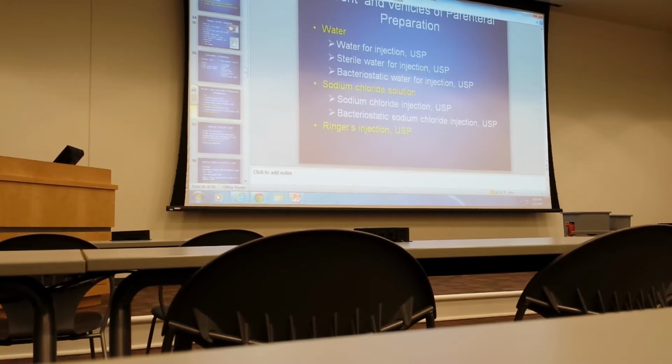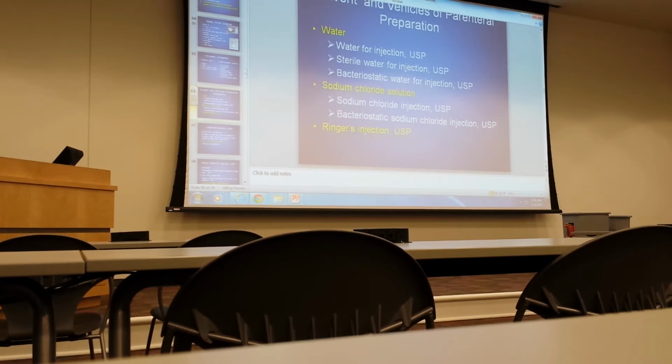So which type of vehicle can be given directly to the patient as a blood volume expander or used to flush the infusion line, and which one is sterile and which one does not require to be sterile, and which one has to be limited within 30 milliliters, cannot be used for neonates, because this is very important.